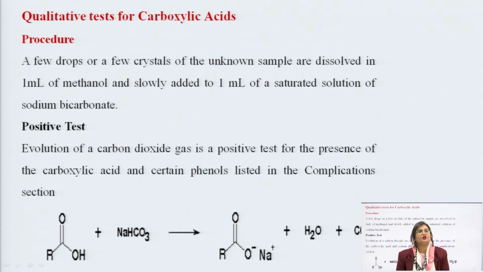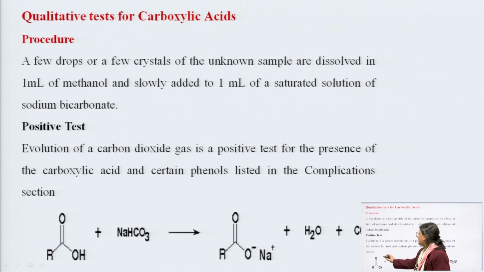Moving on to the qualitative tests for carboxylic acids. The first test: a few drops or a few crystals of the unknown sample are dissolved in 1 ml of methanol. To this we slowly add 1 ml of a saturated solution of sodium bicarbonate.